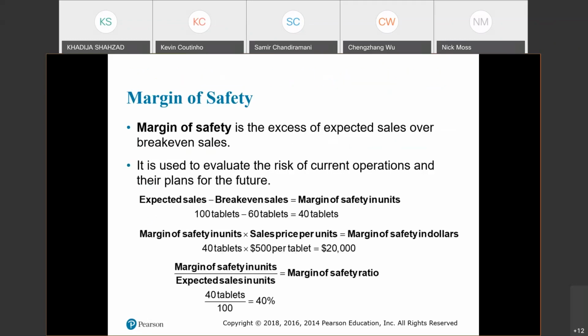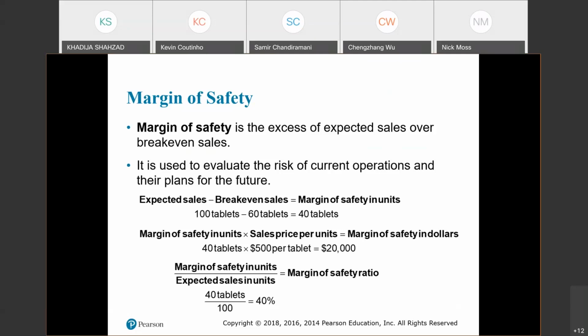Margin of safety is the excess of expected sales over break-even point. That's pretty much straightforward. Basically, that means how much more the expected sales are beyond break-even point.